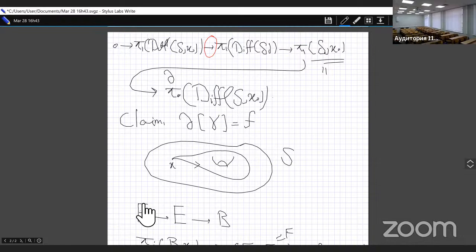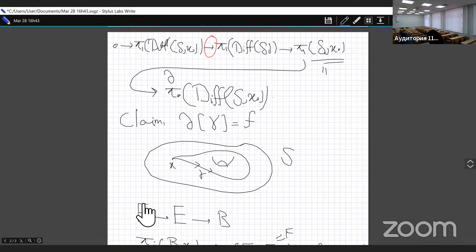One of the endpoints is the identity fixing everything, and the other endpoint is the one which travels along this loop, and extending this.